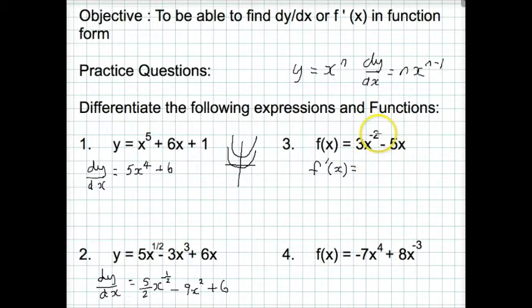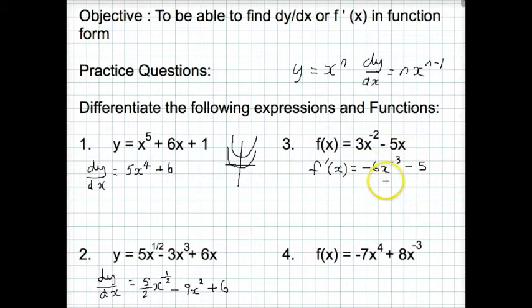We take our power, times it by our coefficient, which gives us negative 6x, and the power reduces by 1, which goes to negative 3 because we're going down the number line. And then the 5x here, just the same as the 6x over there, the x just disappears, so we end up with minus 6x to the negative 3 minus 5.